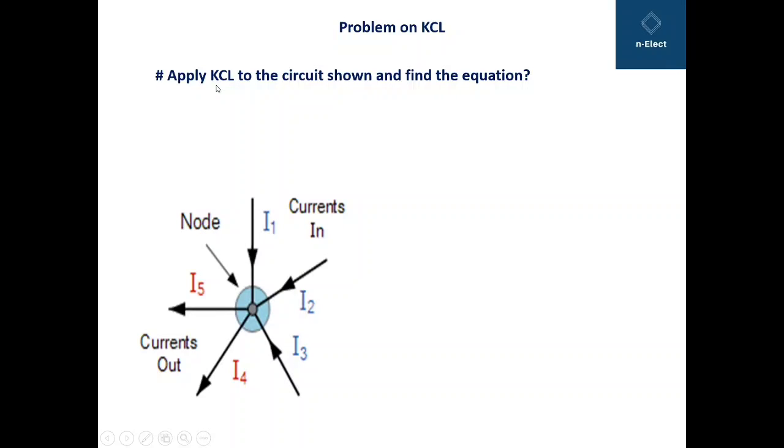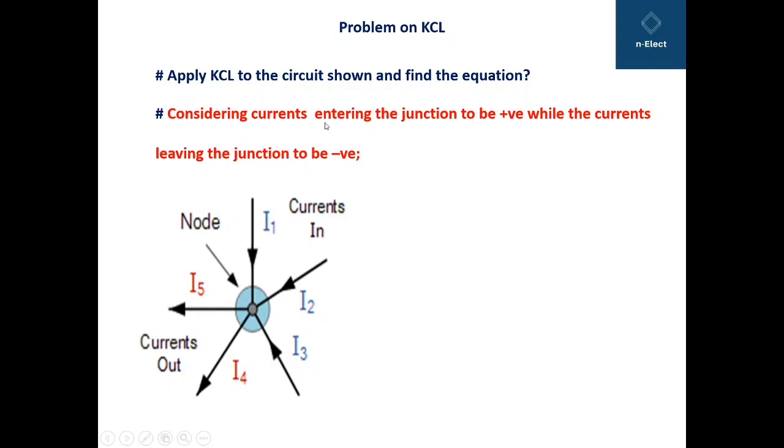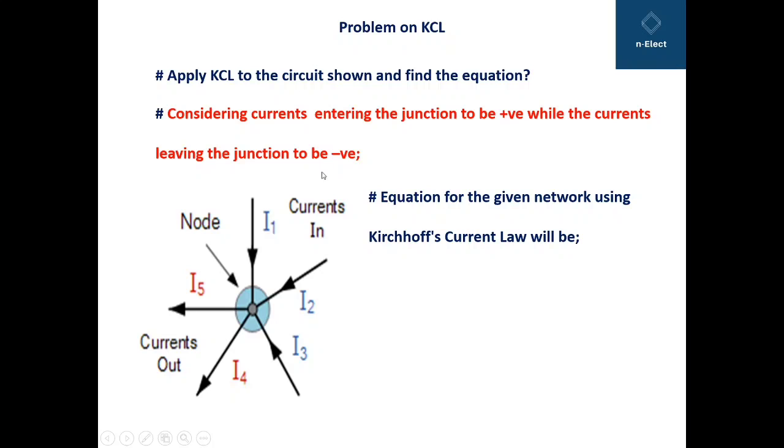When we apply KCL to the circuit shown, considering currents entering the junction to be positive and currents leaving the junction as negative, the equation for the given network can be written as follows.